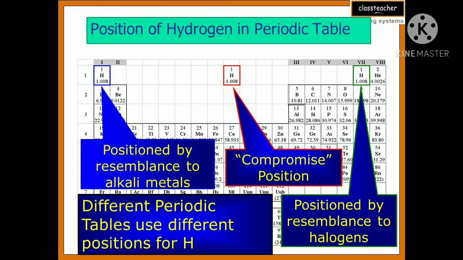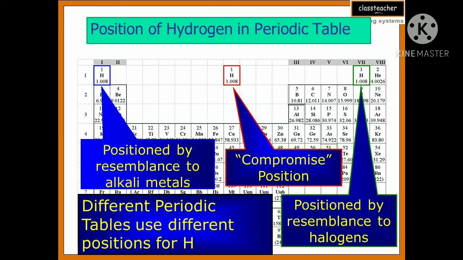So either it loses one electron and behaves like an electropositive alkali metal, that is group 1A. The rest of the elements of this group are lithium, sodium, or it gains one electron and behaves like an electronegative halogen, that is group 17, that is 7A. The rest of the elements of group 7A are fluorine, chlorine, bromine, iodine.